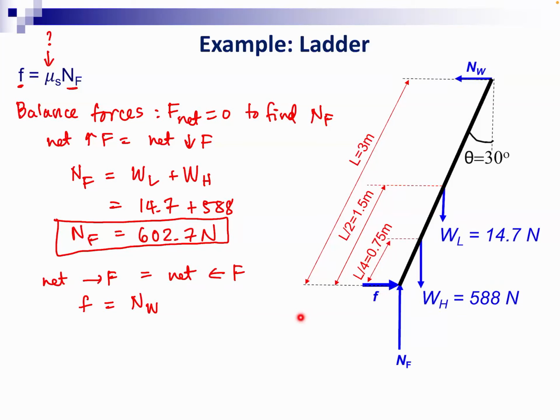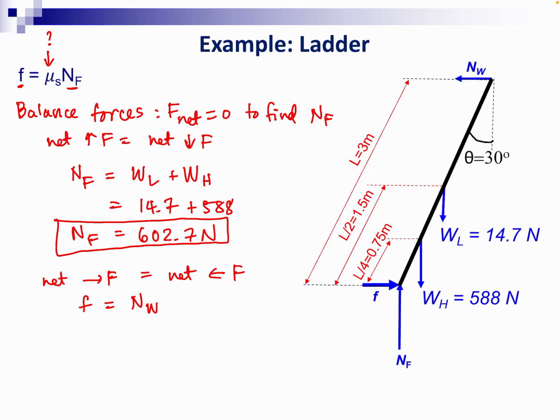But it's not really useful because we don't know either the frictional force or the normal force provided by the wall. So that gives us a clue that if balancing of forces, net force equal to 0, makes us hit a wall and we're stuck, then maybe balancing of torques will be the next step.